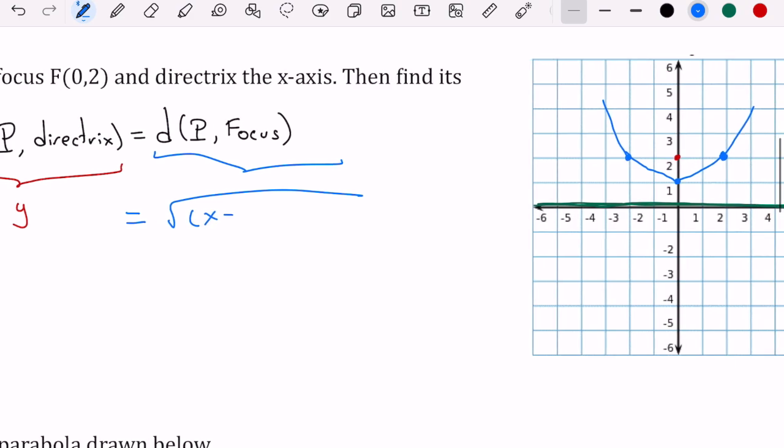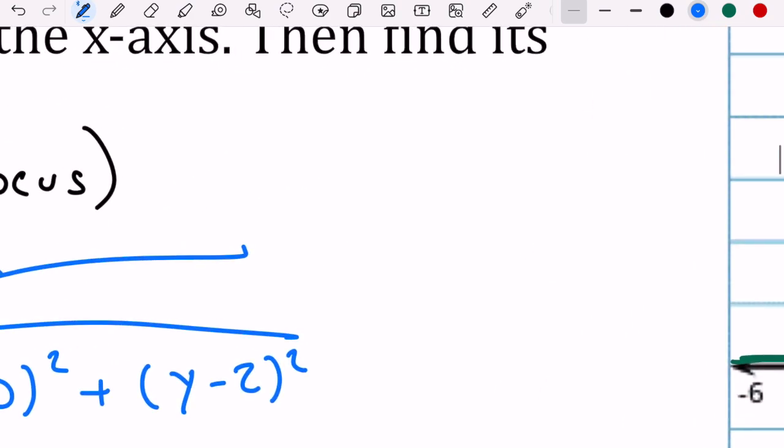Remember the distance formula, I'm just going to put it here. This appeared in the final exam. The distance formula is the square root of x minus x1 squared plus y minus y1 squared.